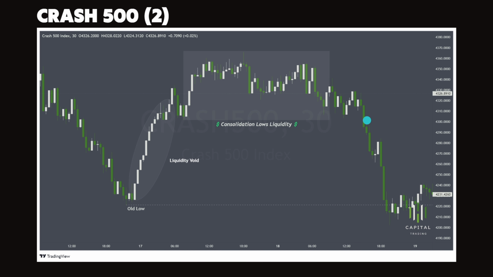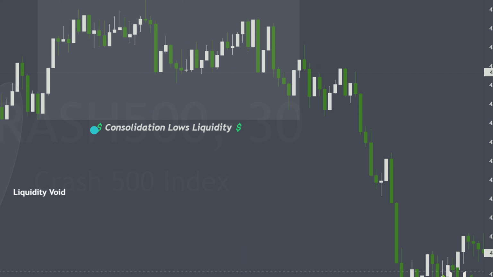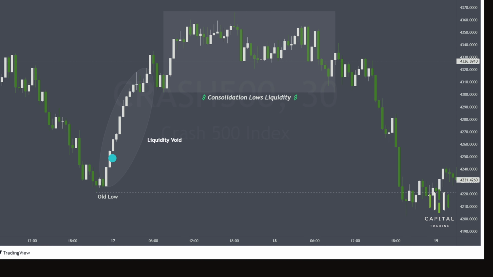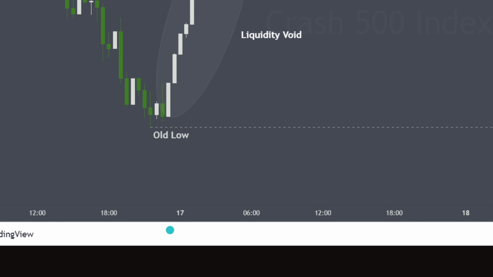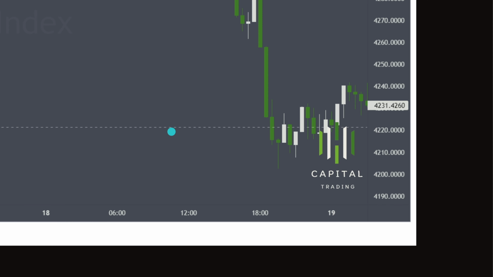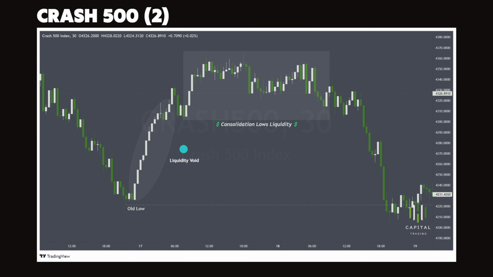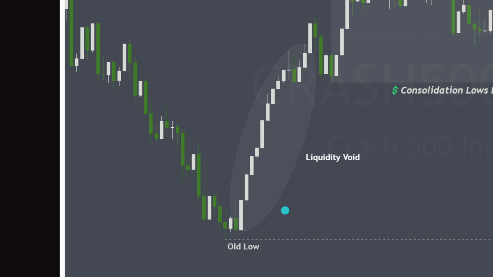So that's what happened here. We had price dropping to take out the lows and then filling this liquidity void on the left, and we had this old low also, which price later visited after filling up this liquidity void.